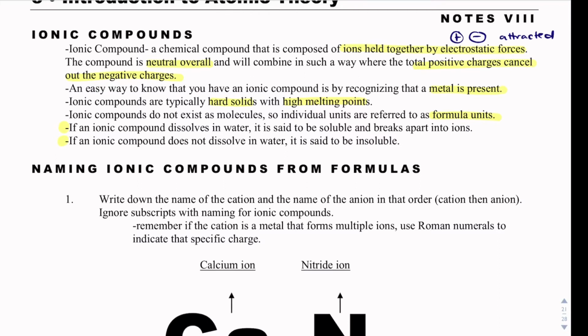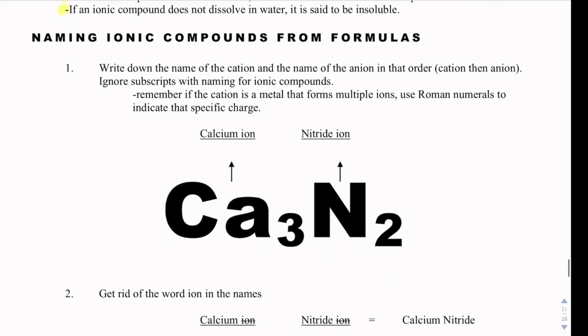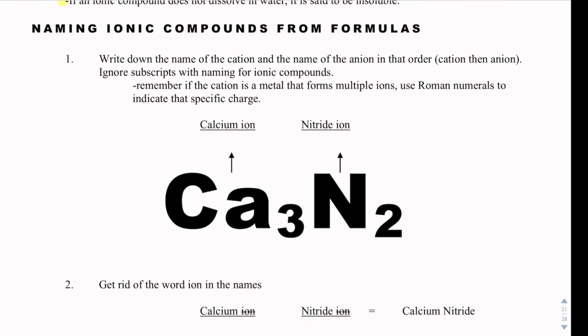Okay, our goal with this set of notes is to understand how the formulas of ionic compounds are formed. This is going to help us out because we're going to do a lot with ionic compounds later, and we're going to need to know the formulas. Okay, I'm going to show you a couple different methods on how we're going to name these. If we see a formula and we want to know the name, we're going to say, okay, this is calcium.